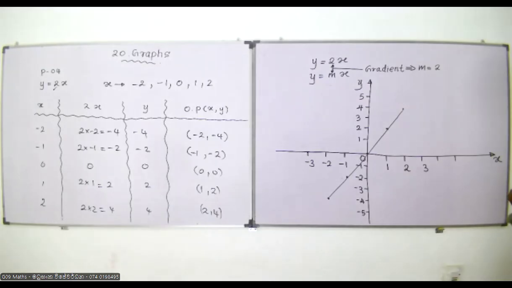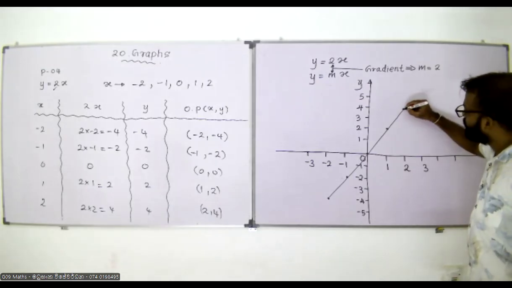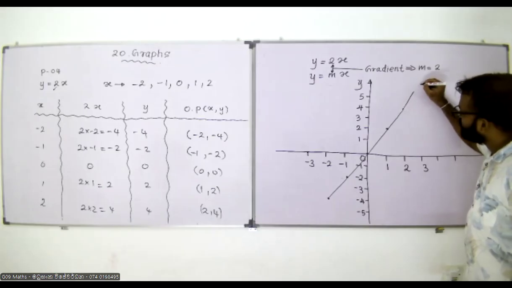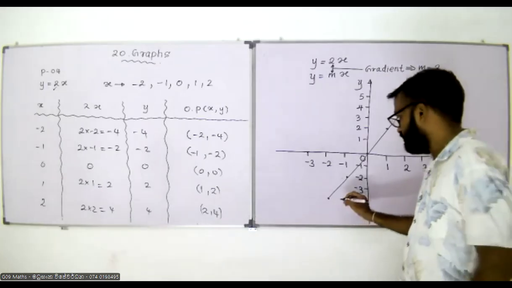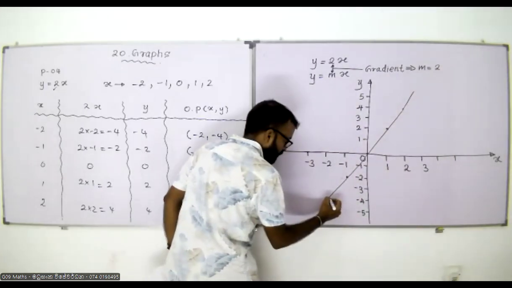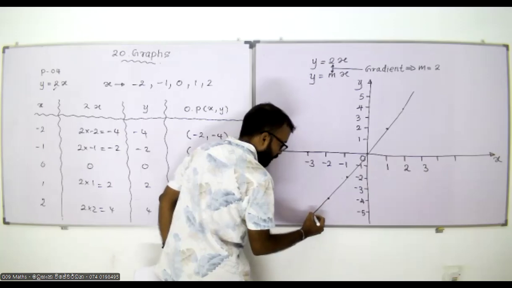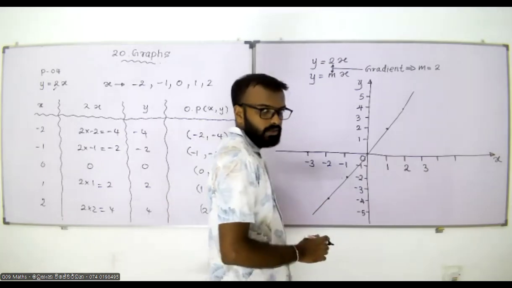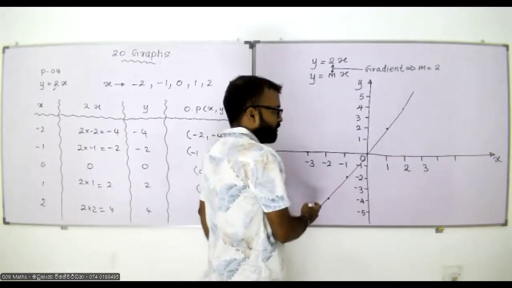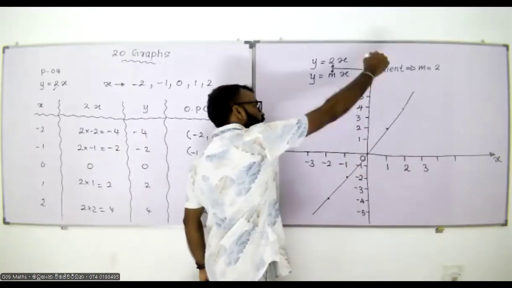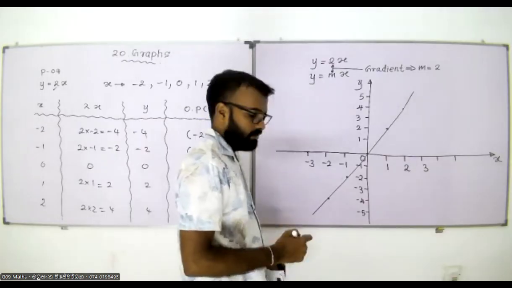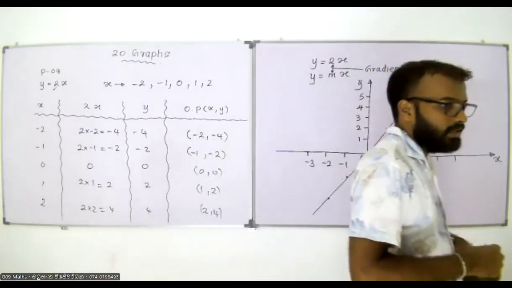If you want, you can extend that. Doesn't matter. This continues up to infinity, from this side also. You just have to align the ruler and draw a single line. That's all.